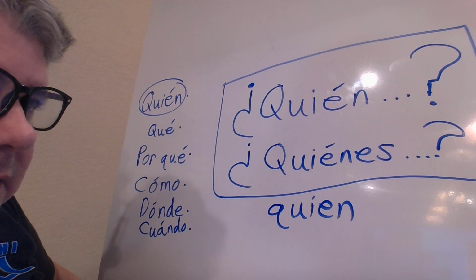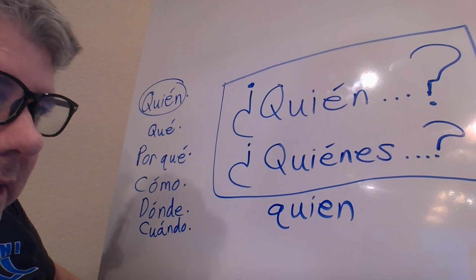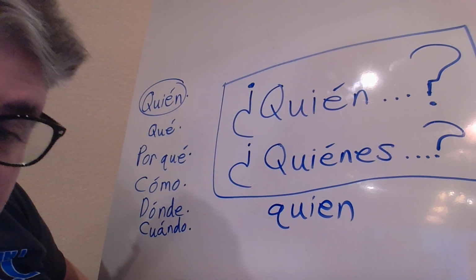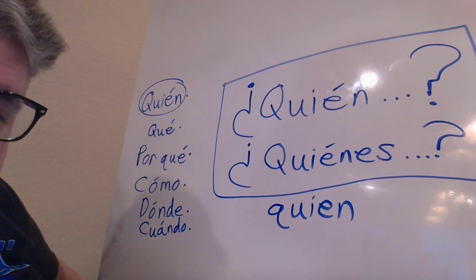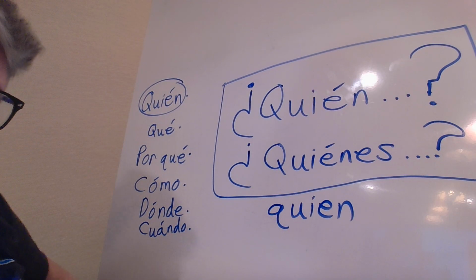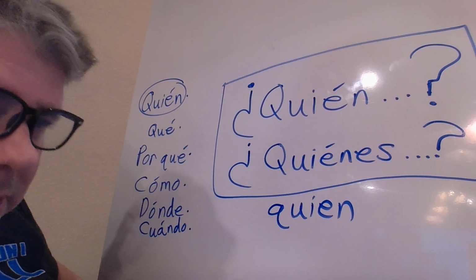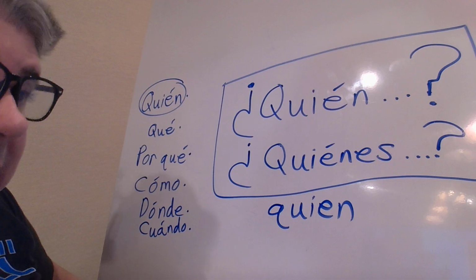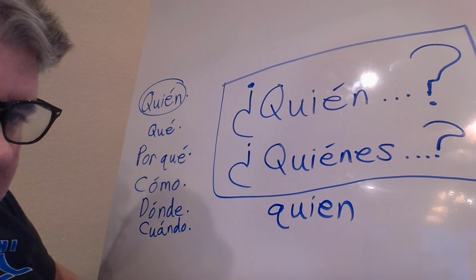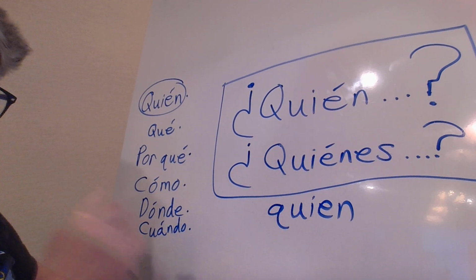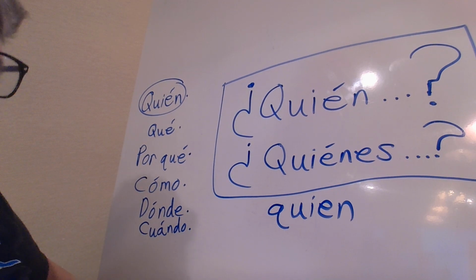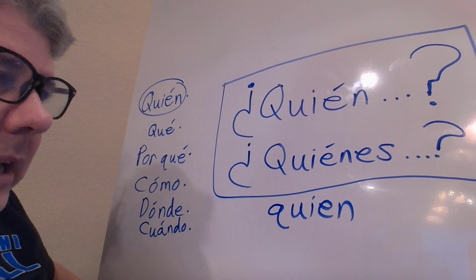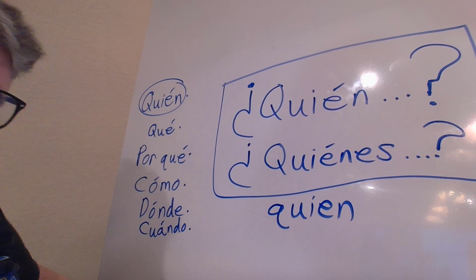Now, if you're saying, I know him personally, like I'm friends with Lionel Messi, you would use conocer, like yo conozco. But in this case, we're asking for information, so it's more, yo sé, I know. Yo sé quién es, not quién es as a single word, but quién es, dos palabras. Yo sé, I know, quién es, who is, el capitán del equipo. So I know who is captain of the team.